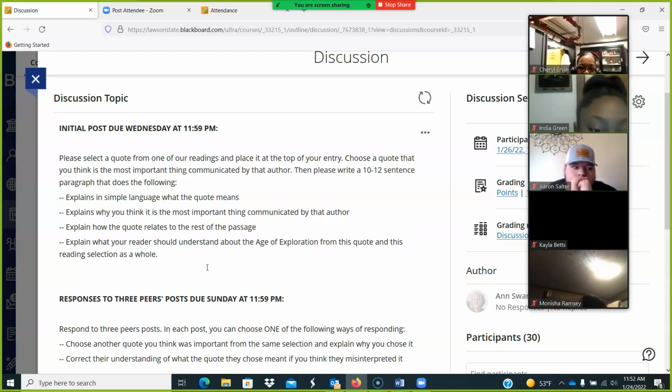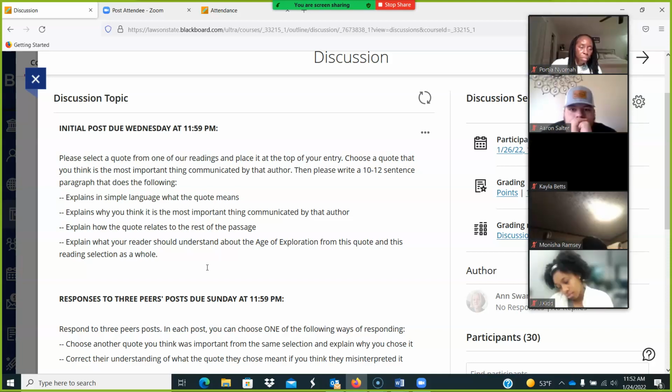Choose a quote that you think is the most interesting thing communicated by that author, and then explain in simple language what the quote means, why you think it's the most important thing communicated by that author, explain how the quote relates to the rest of the passage that we read, and explain what your reader should understand about the explorers and this age of exploration from the quote and from the passage as a whole. So that's not 4 sentences, 1 for each job. It's a few sentences for each job, and that ought to get you there. Okay.